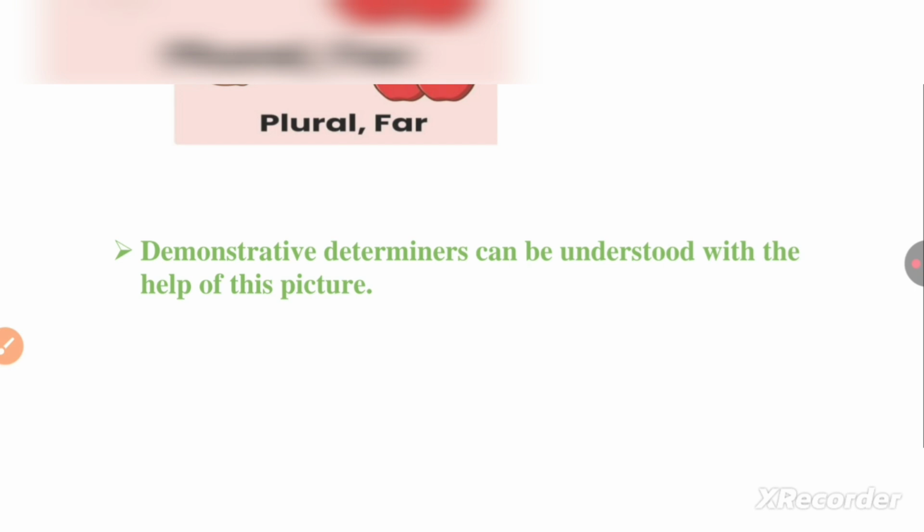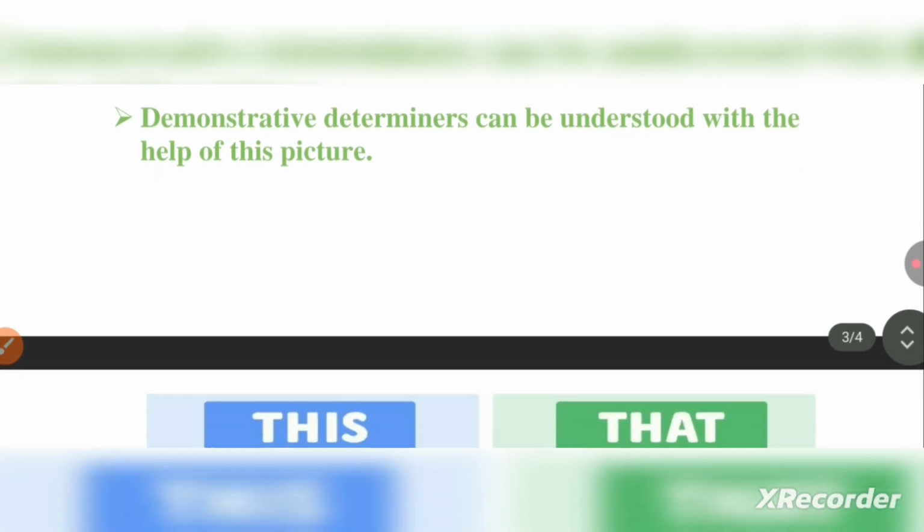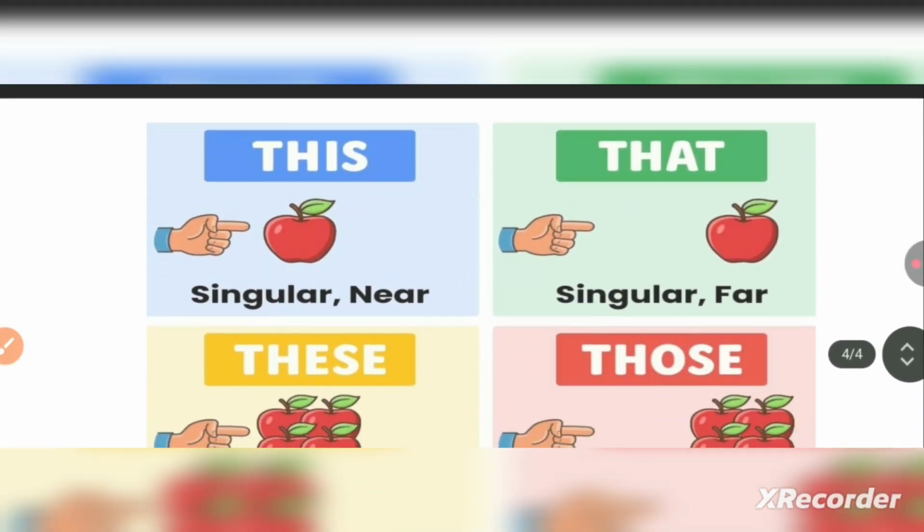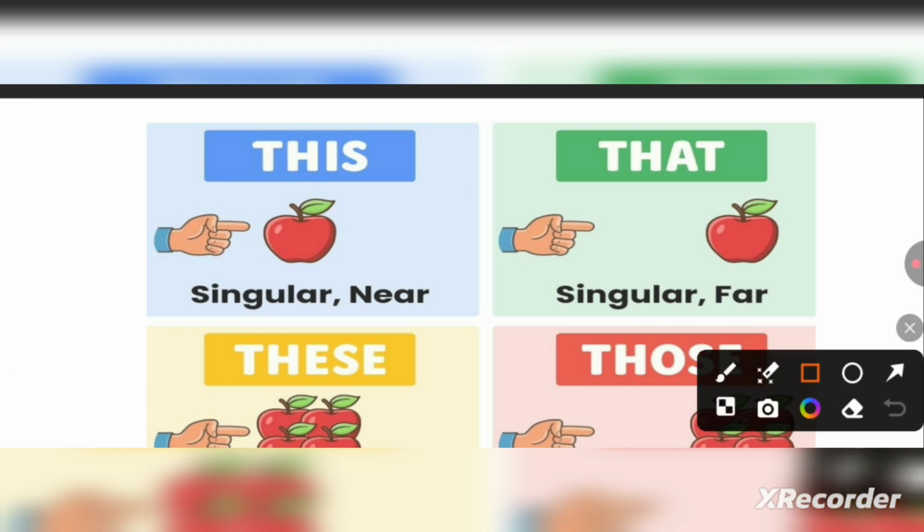Now, these demonstrative determiners can be understood with the help of this picture. Now, demonstrative determiner this and that. Demonstrative this is quite close to the speaker.